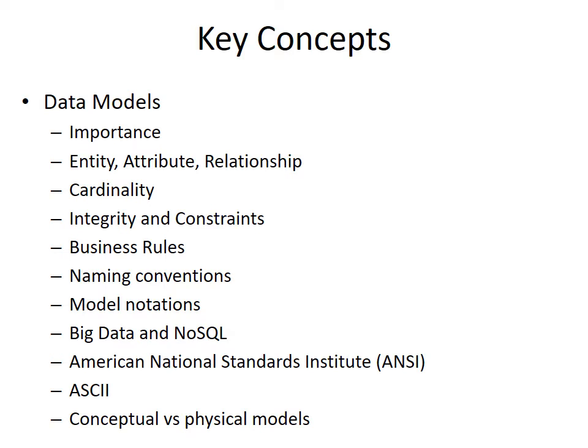And then attributes are what typically end up being columns or fields in the tables. So if we're talking about a demographics table for patients, some examples of attributes could be first name, middle name, last name, street address, city, zip, date of birth. And then the relationship is what the relationship is between the different entities. So if we think about a patient and a medical claim, a patient has one or more claims.